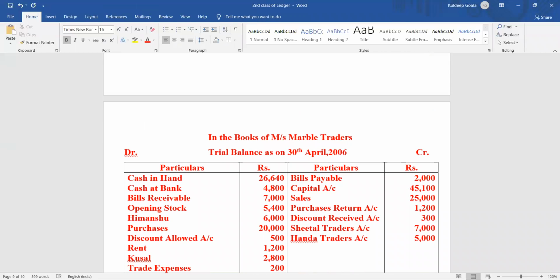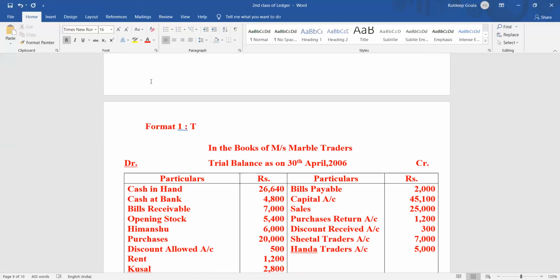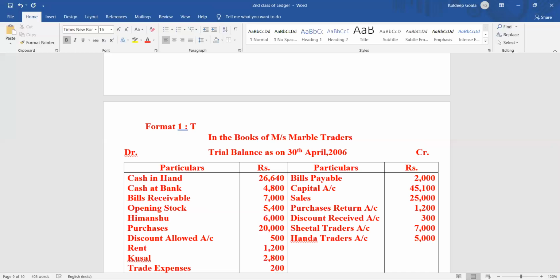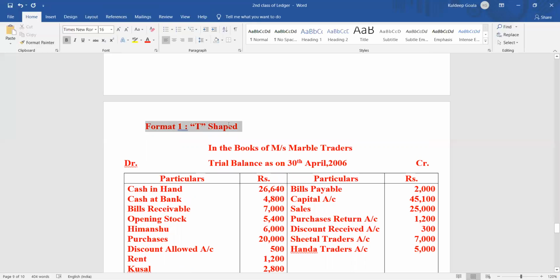The first format is the T shape format, and the other one was the statement format.